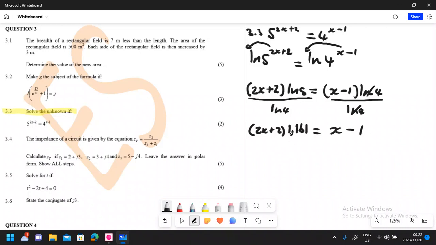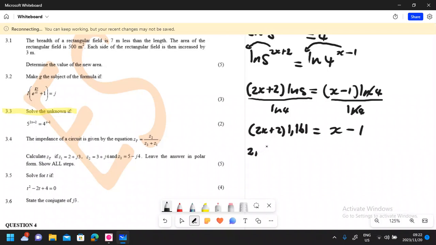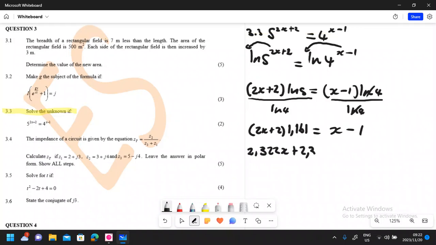So from here we try to remove this bracket, we multiply everything inside the bracket with 1,161. So let's do it. If we do that, we're going to have 2,322x plus 2,322, equal to x minus 1.